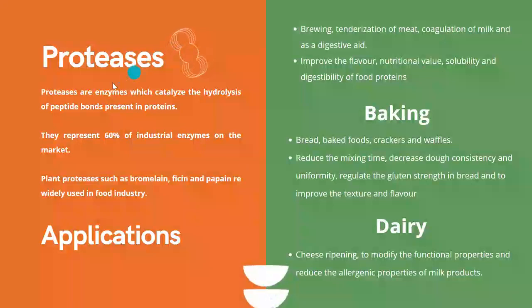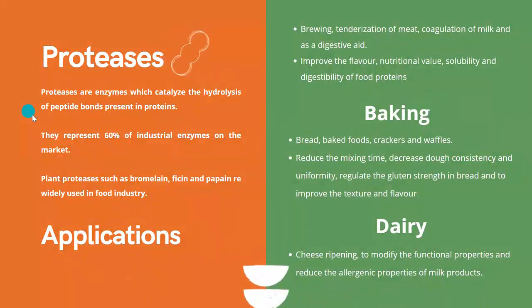So proteases are the enzymes which catalyze the hydrolysis of peptide bonds present in proteins. From the name itself, it's clear, protease, something to do with protein. These enzymes break down the peptide bonds, since proteins are complex, long chains.